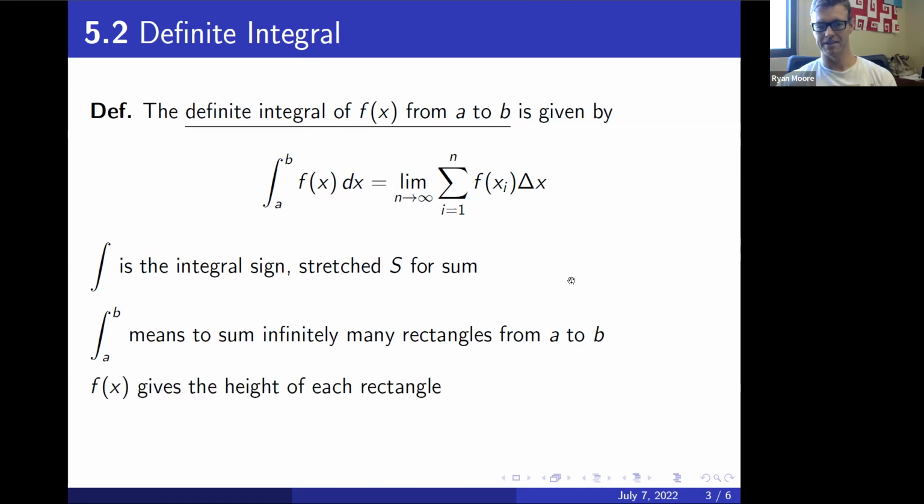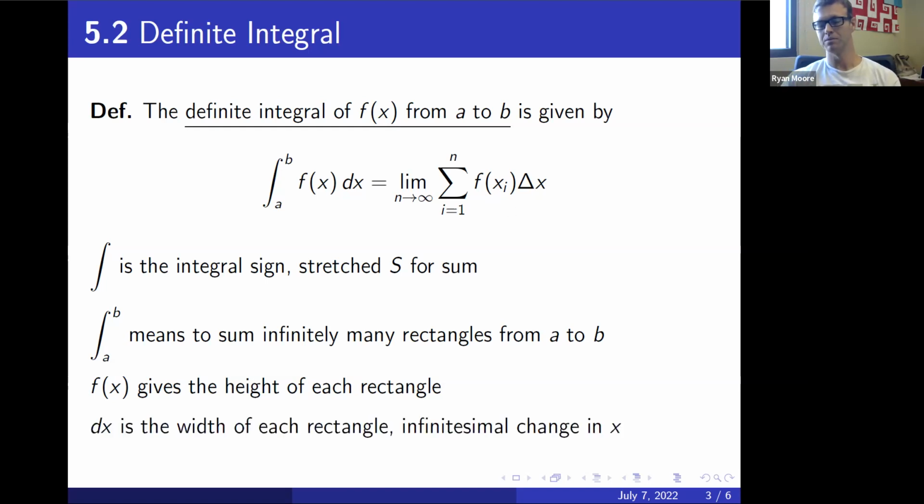What is the f of x? Well, the f of x gives the height of each rectangle. It's the equivalent of the f of xi. And the dx, well, we saw it before as the differential of x. The dx represents that infinitely small width, right? dx is the width of each rectangle, but these rectangles are infinitely narrow, so we can't use delta x.